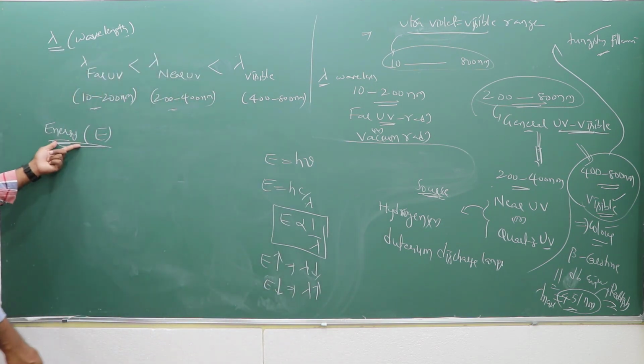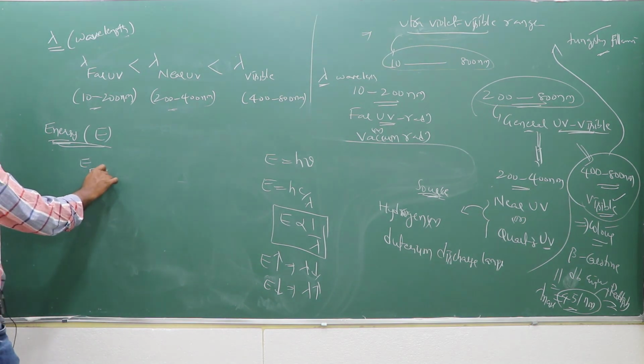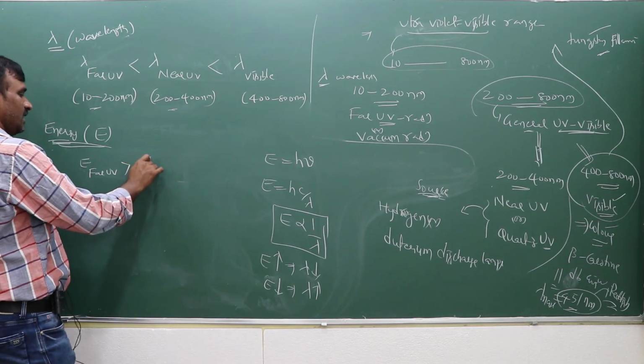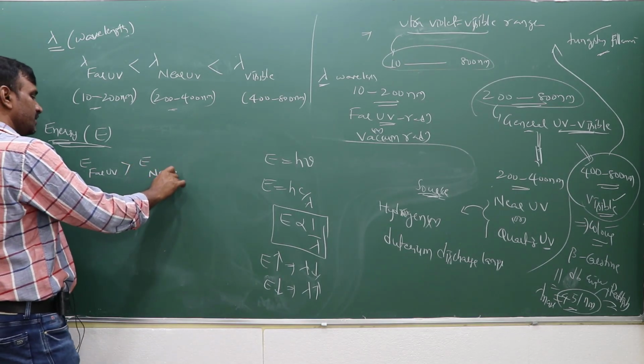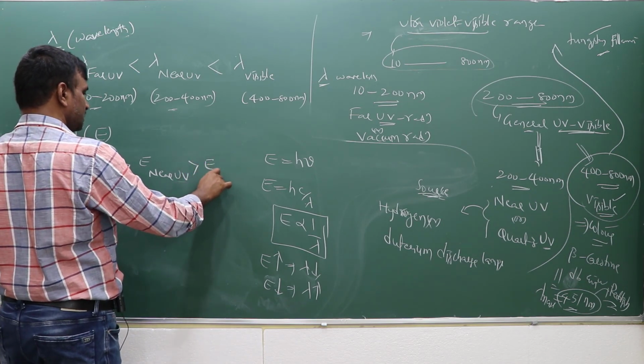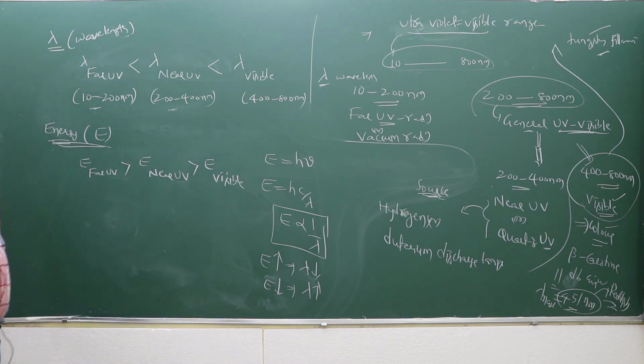So that's what the energy order is: energy of far UV is greater than the energy of near UV, which is greater than the energy of visible radiation.